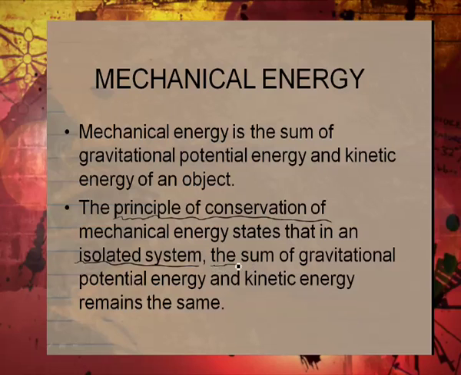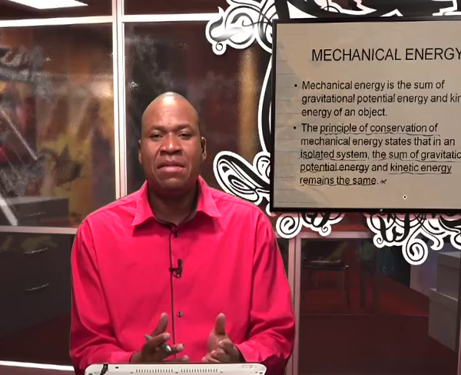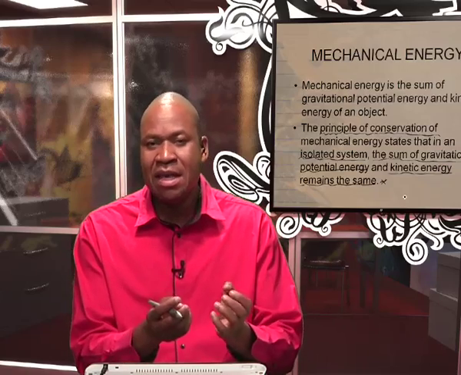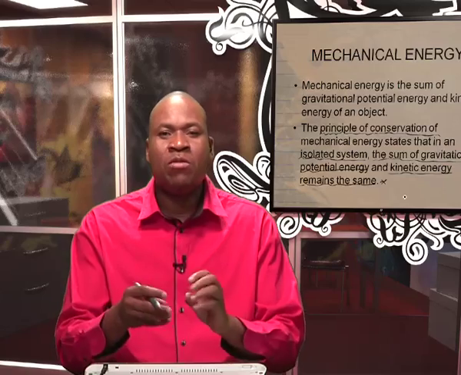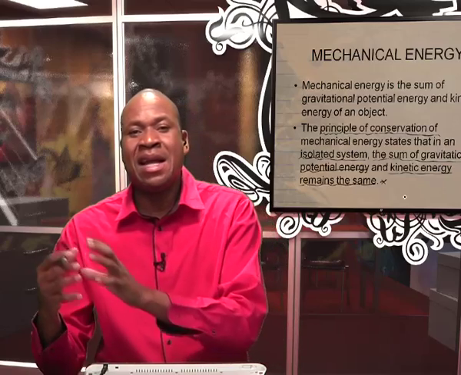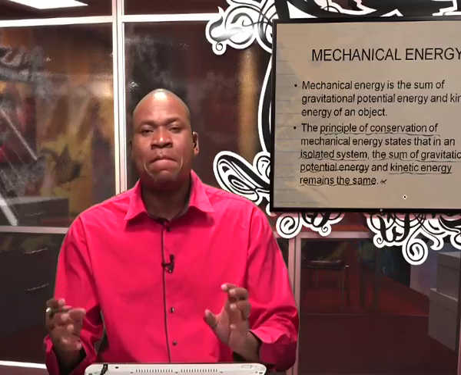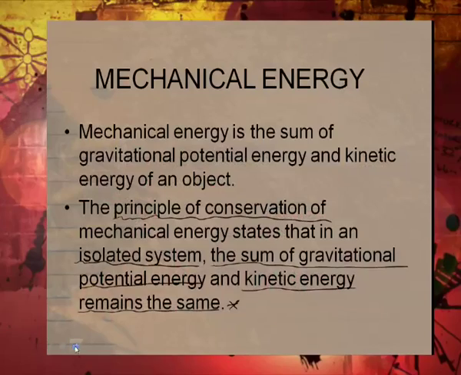The sum of gravitational potential energy and kinetic energy in an isolated system remains the same. So in other words, EP plus EK at one point would be equal to EP plus EK at another point for the same object in an isolated system or in a closed system.